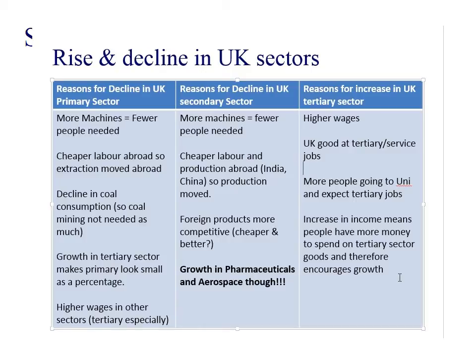Clothing may be made in India and China and Bangladesh and countries like that, but when we go to places like the Trafford Centre, the people that are employed there are mainly working in the tertiary sector. So we have this growth in the need for shop assistants and people that work in restaurants, waiters, waitresses, those types of things, when they're not necessarily making the food, but they're serving, and it's the service sector of the economy. So we have growth in the demand for jobs there.